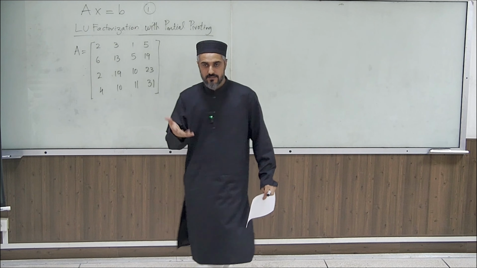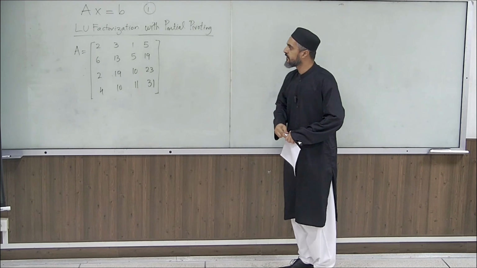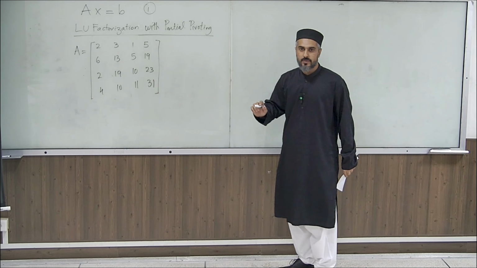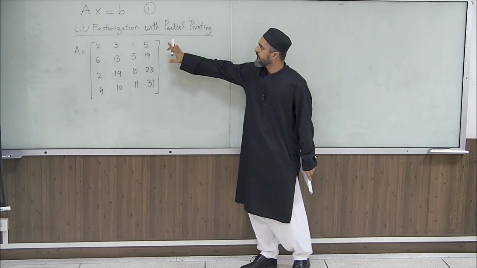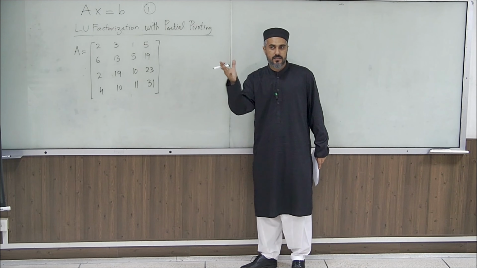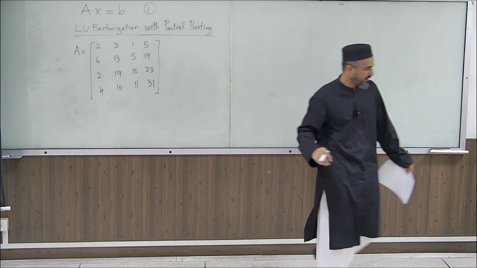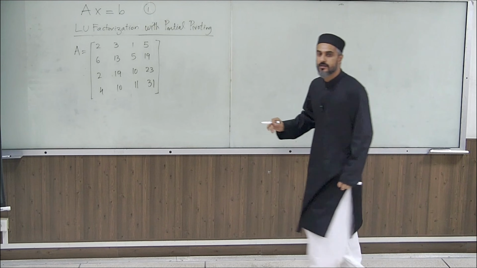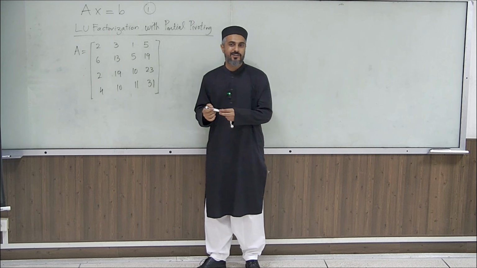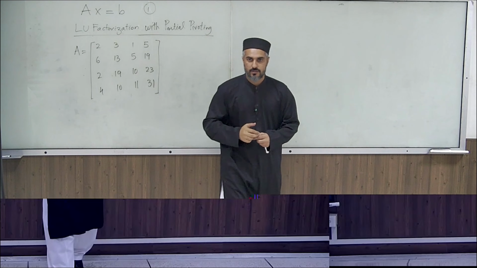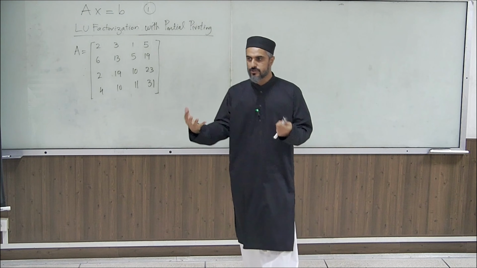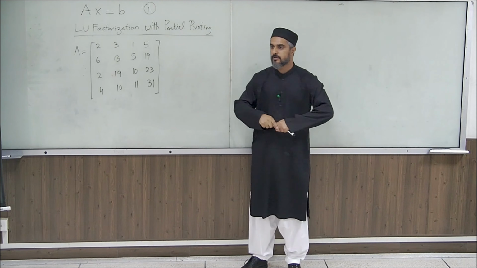So that is again a benefit of the LU factorization. So I'm just going to do the process of LU factorization with partial pivoting. It's a mixture of Gauss elimination and LU factorization. It is also called LU factorization with Gauss elimination. So we're going to merge both methods.